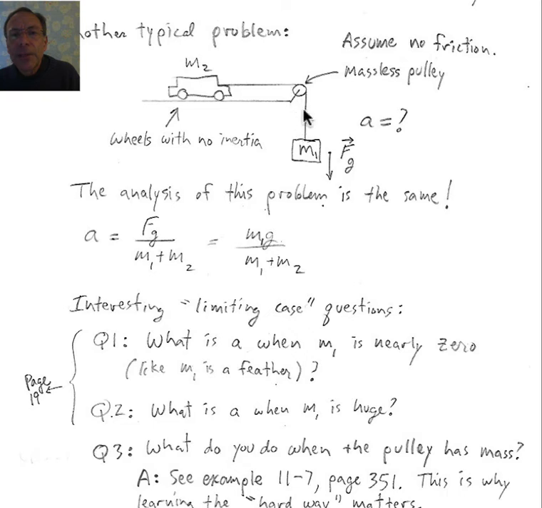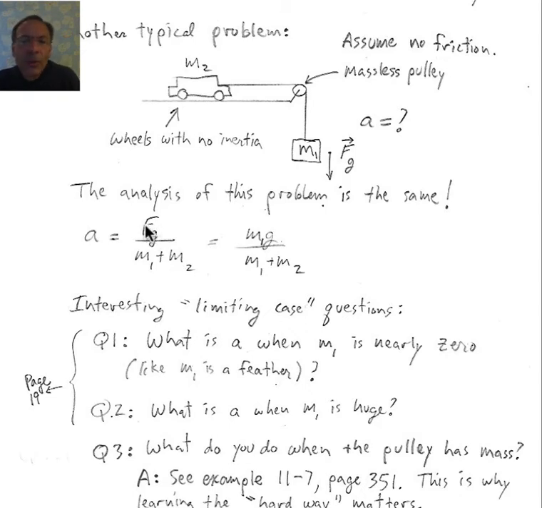The tension here in this rope is redirected, and it pulls mass 2, which could be a car with wheels with no friction and no inertia. And the analysis is exactly the same. You get the same answer, F over the combined mass, mass 1 plus M2.